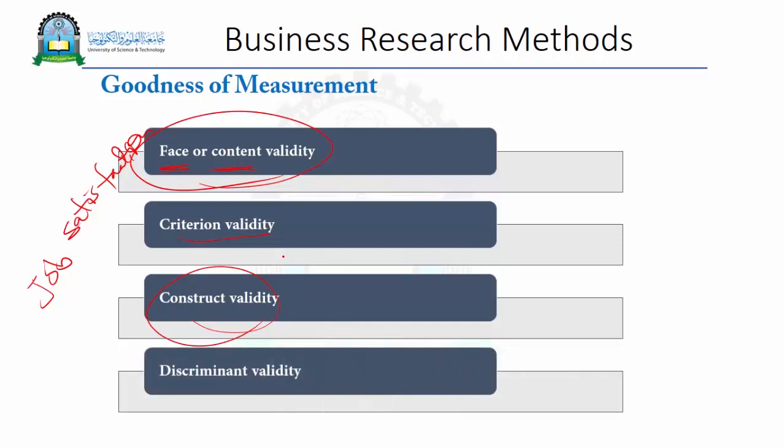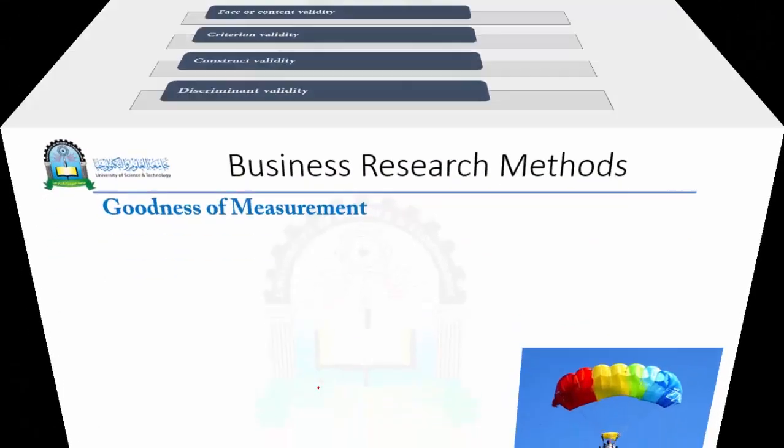The fourth and last type, method or technique of measuring validity is what we call discriminant validity, which is dividing the questionnaire into 2 parts, the first part and second part, and then collecting data separately, and then finding out whether they match or not.